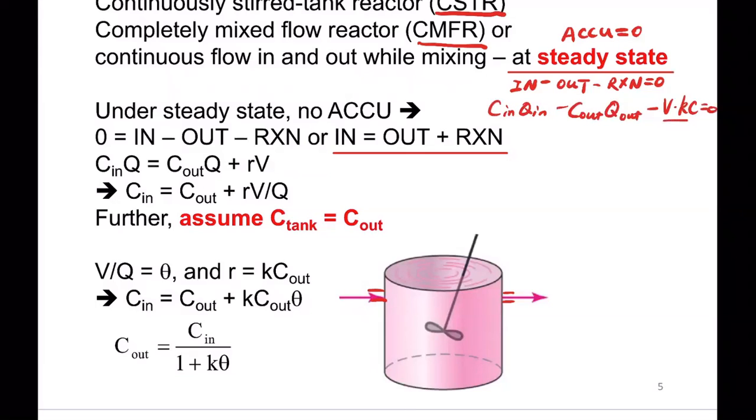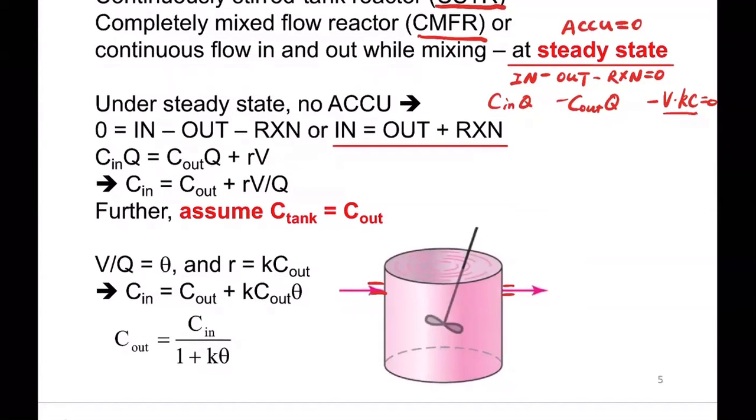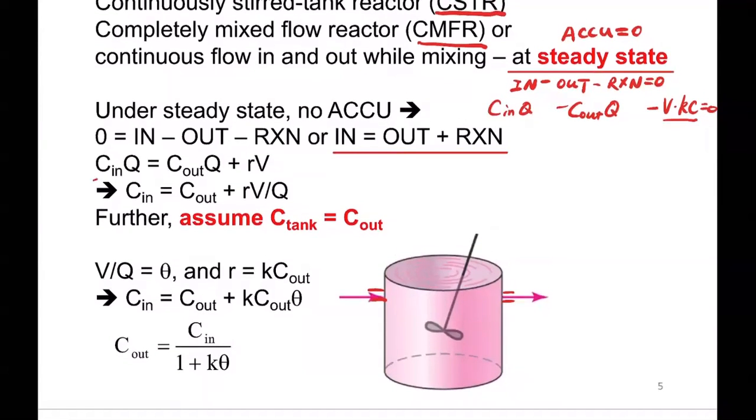We're assuming this is a first order reaction. Then we can make some simplification for this equation, right? We know that there's only 1 inlet and 1 outlet. Because of the mass balance for the flow, Q in is going to be equal to Q out, right? So we don't need to write these subscripts anymore. Everything will just simplify into Q. And basically, this is the equation that we have here.